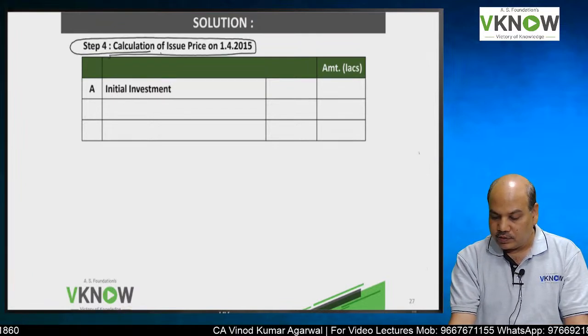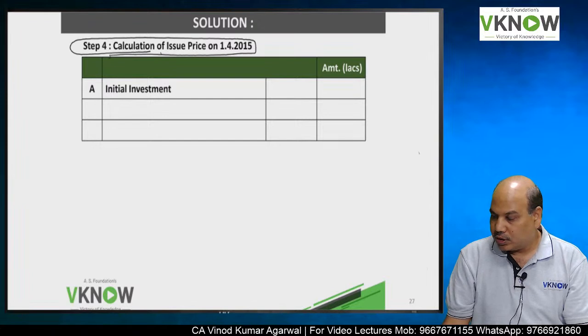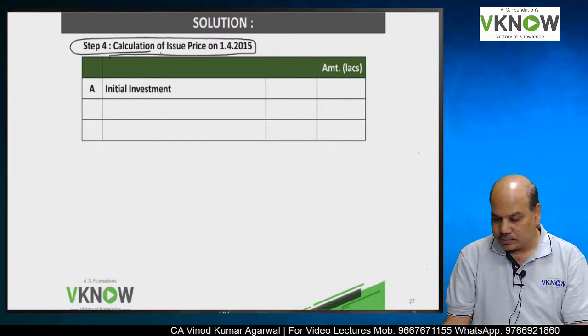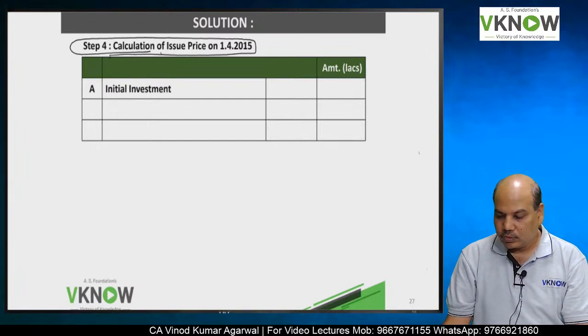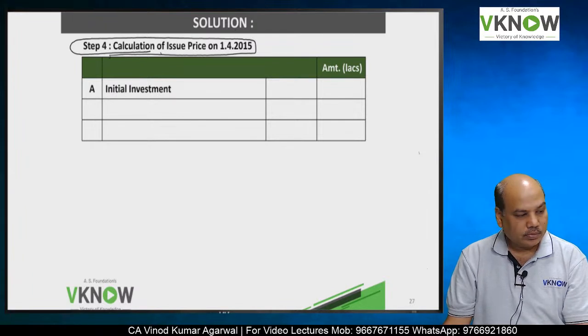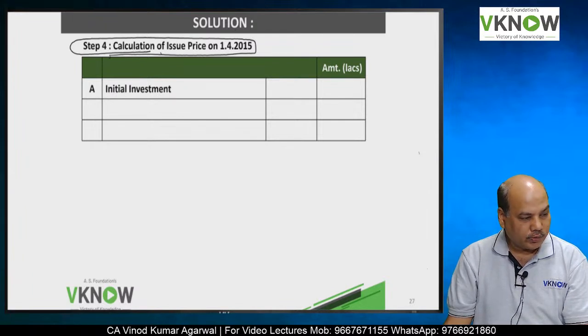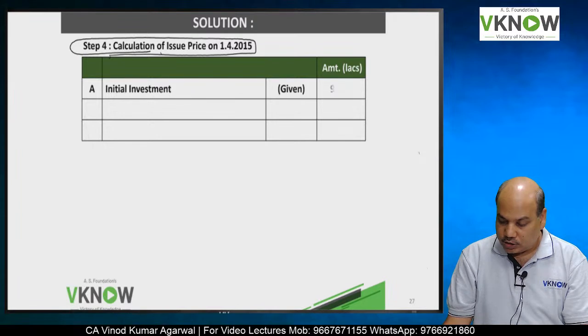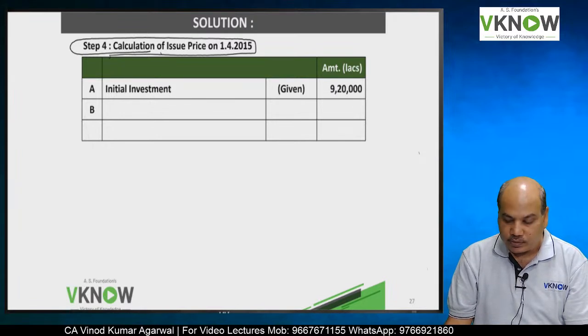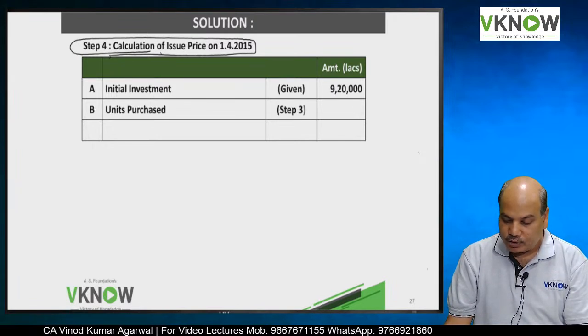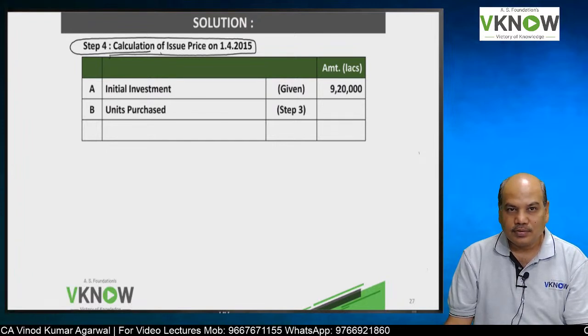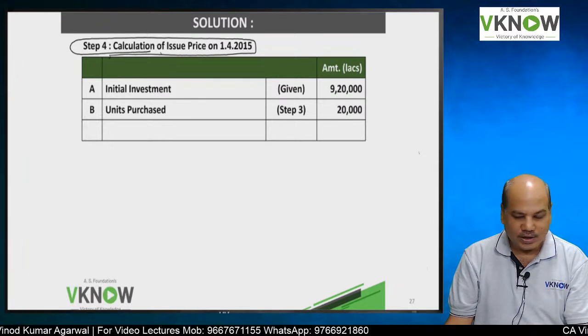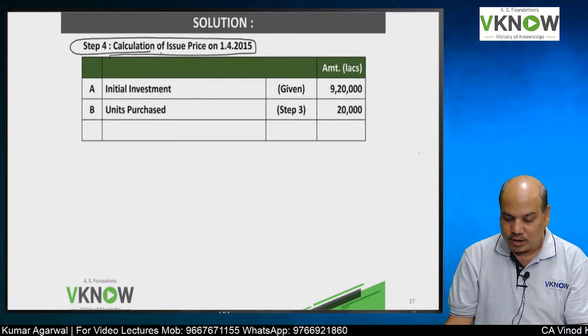For dividend reinvestment plan, write down calculation of issue price on 1/4/15. Initial investment 9,20,000 is given. Then units purchased we have got just now, 20,000.